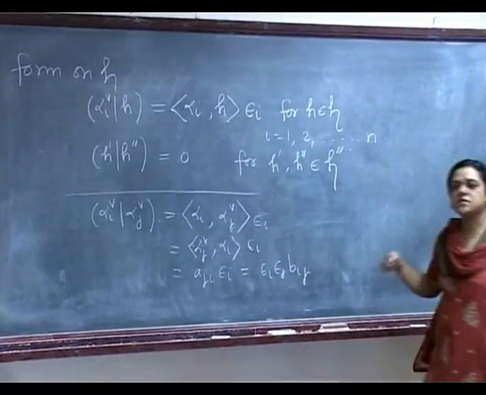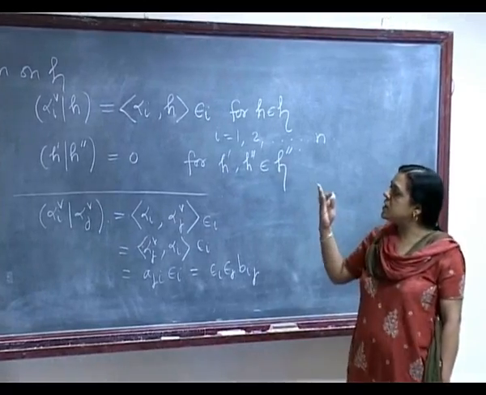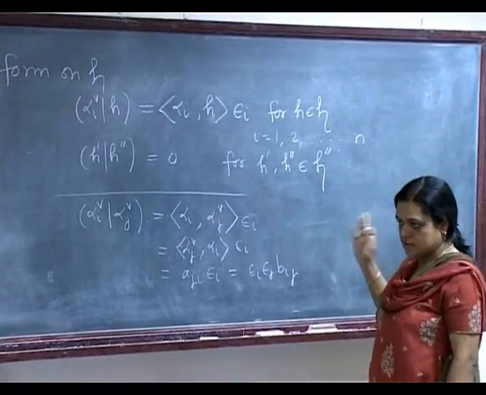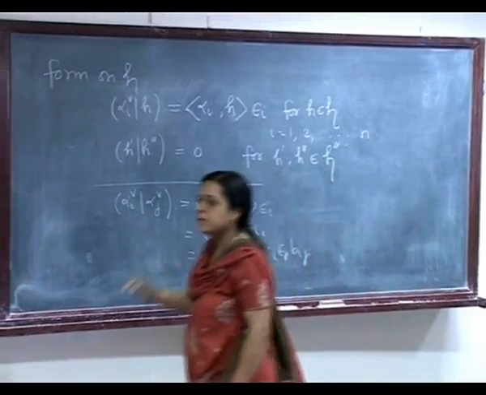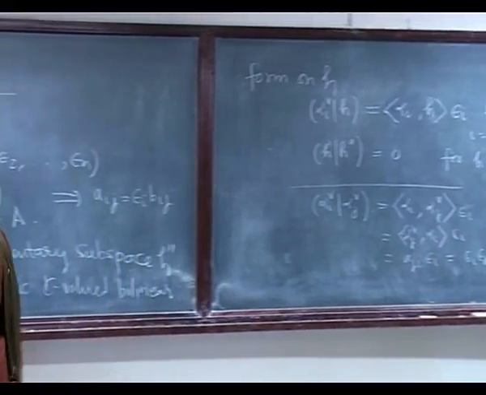So, next is our lemma, which says that this bilinear form on h is non-degenerate. We will take it up in the tutorial. Okay, so let me write it down.